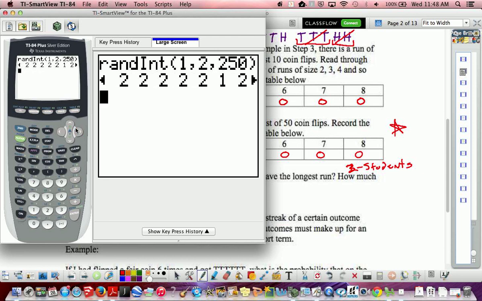Ooh, here we go. Oh, that was only 5. That was a bummer. Oh, they're kind of glitchy here once in a while. Ooh, here we go. Look at my hands getting tired. I'm still going.